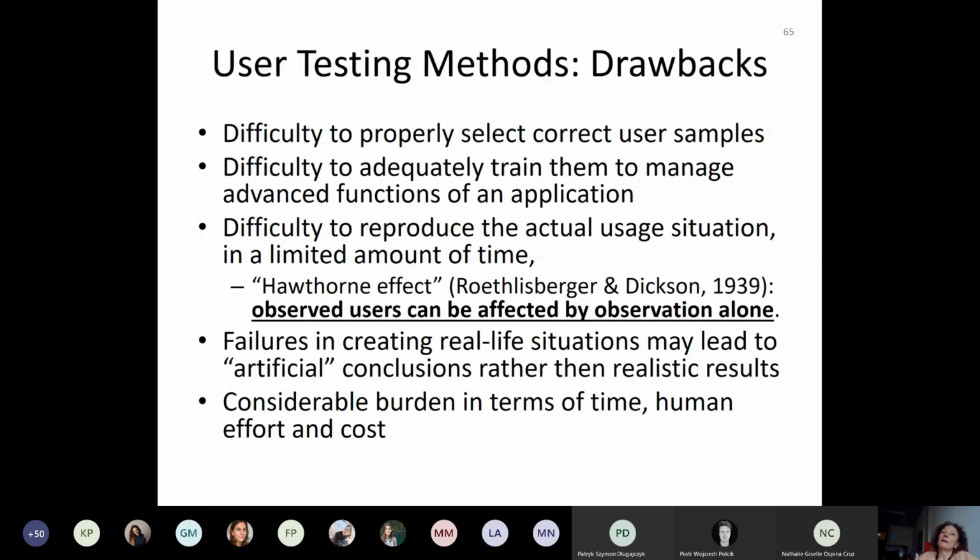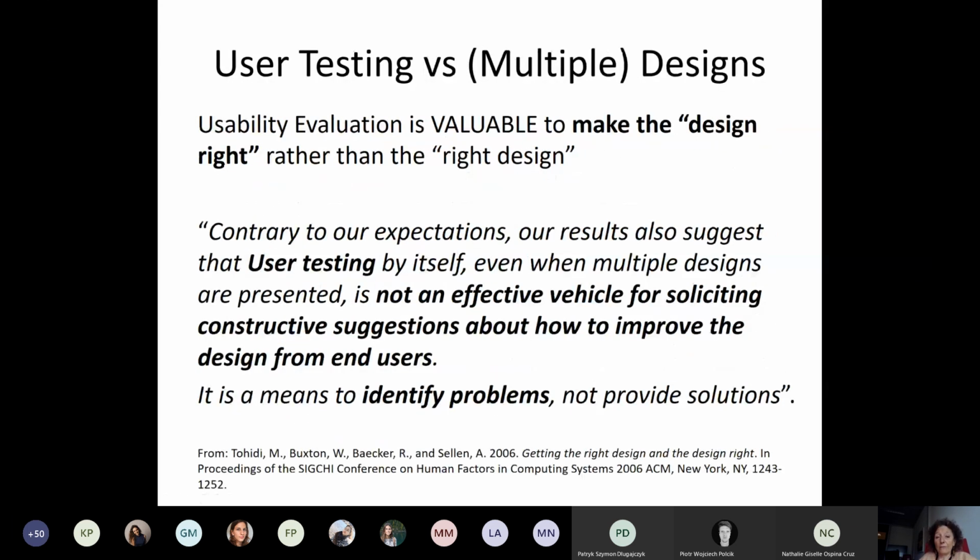We know that user feedback during user testing should be taken with some care. The fact that you are not in a real-life situation means that some conclusions are artificial, in that they are not 100% true. And that is probably one of the main drawbacks of user testing. There is a considerable burden in terms of time, user effort, and cost.